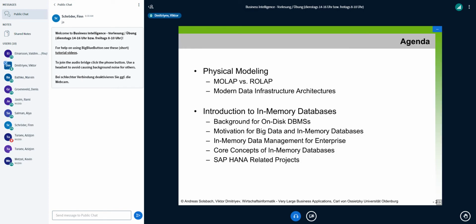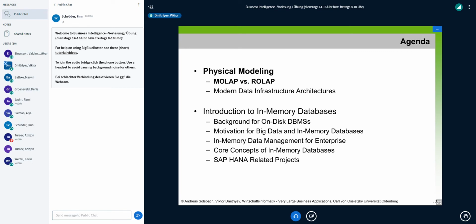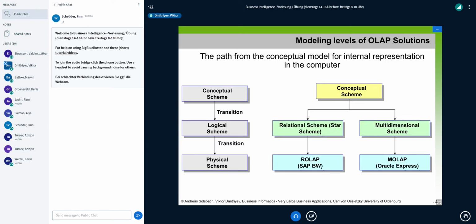First of all, we're going to speak today about the physical modeling, and we have a short introduction into in-memory databases. And yeah, let's go on. First of all, you remember that we have different levels when we are trying to deploy a BI solution.